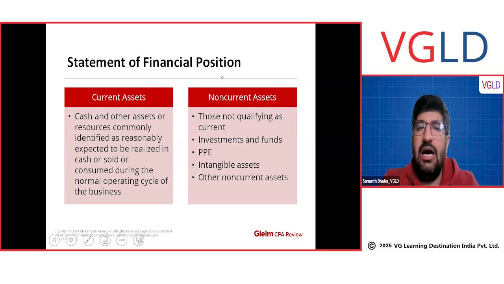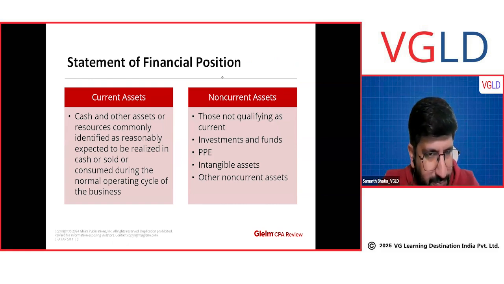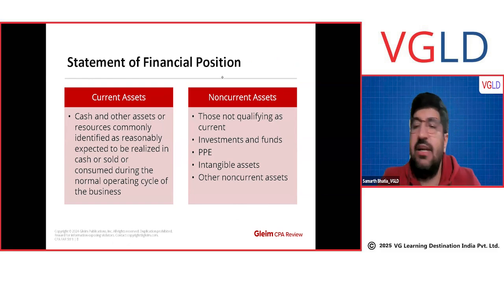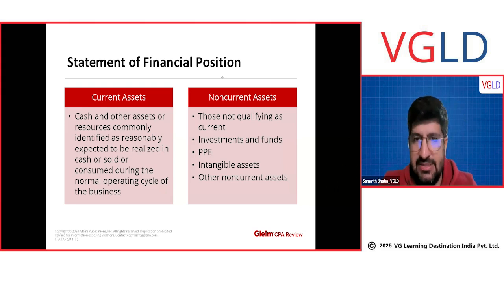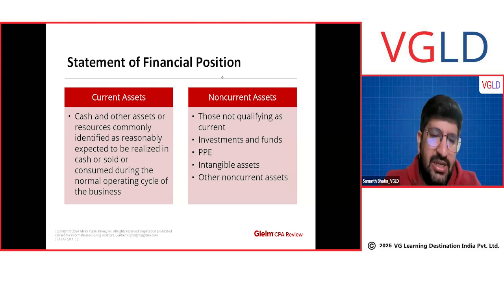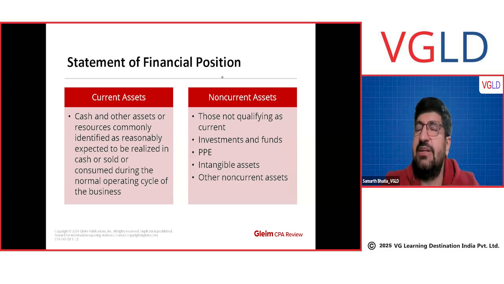Now, what are the current assets? What are the non-current assets? When I say current assets, those are assets which are converted into cash within the period of 12 months or within one operating cycle. Either you will be able to convert the asset into cash within 12 months or within one operating cycle, and that is a current asset.